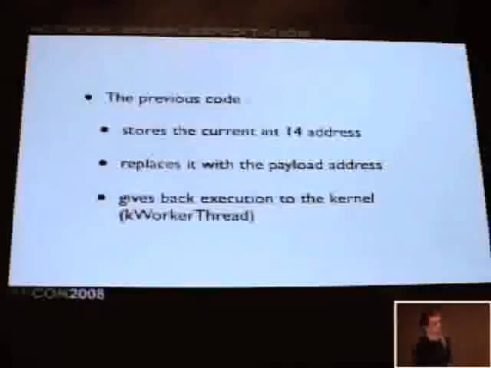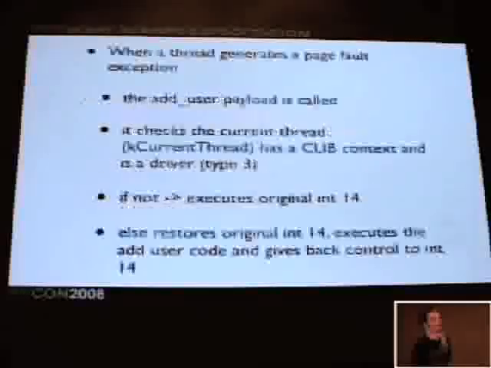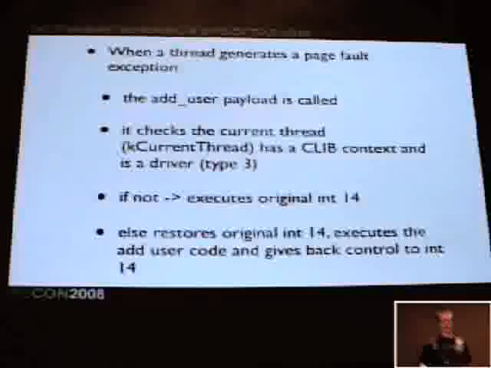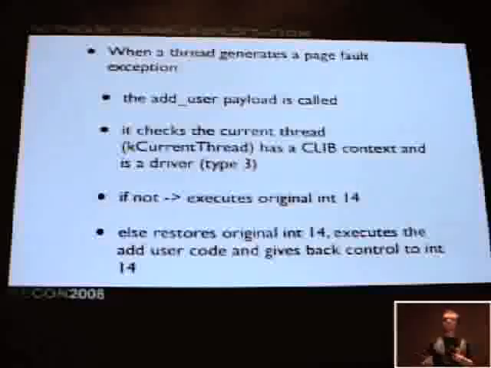So the code stores the current interruption 14 address, replaces it with the payload address, and gives back execution control to the kernel by calling the worker thread function. When a thread generates page fault exceptions, the new interruption 14 handler, which is our payload, is called.